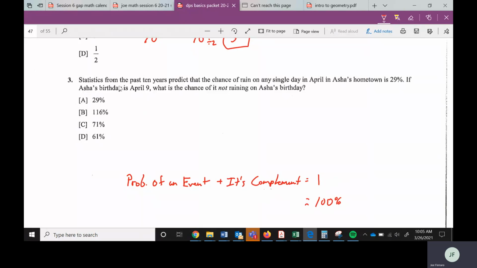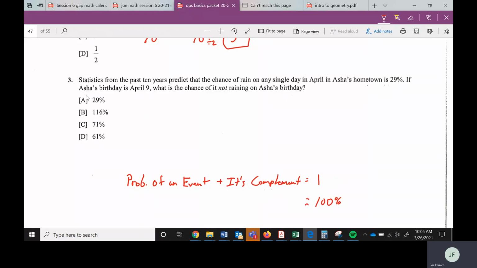So it says, statistics from the past 10 years predict the chance of rain on any single day in April in Asha's hometown is 29%. Okay, so just not looking at the weather forecast or whatever, but just looking at the history, there's always a 29% chance that a day could have rain.